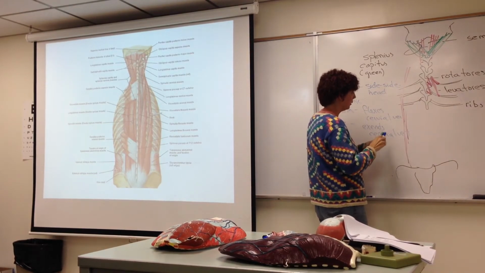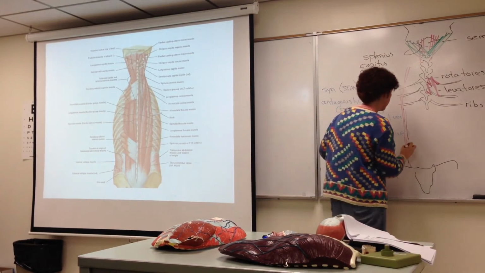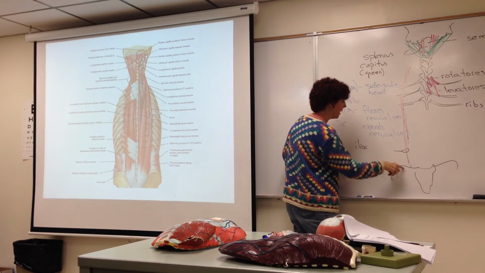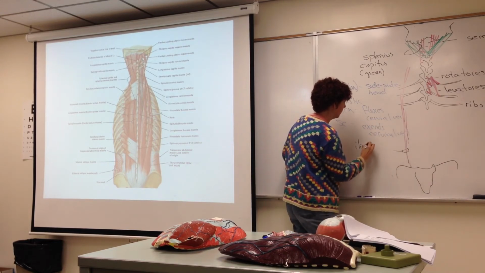So that most lateral group is known as the iliocostalis, from the iliac crest to the ribs.